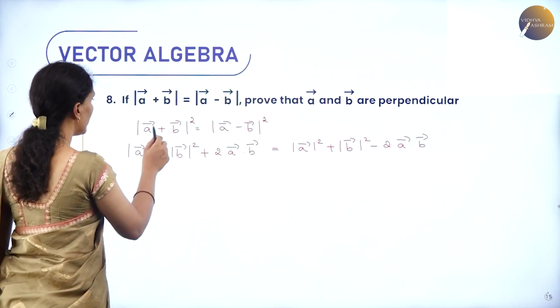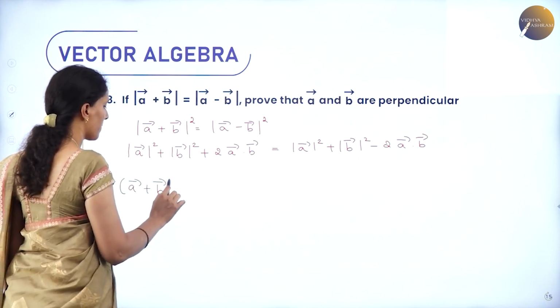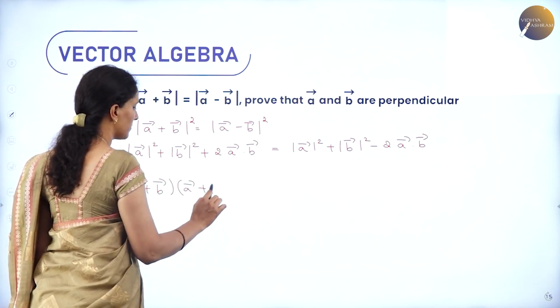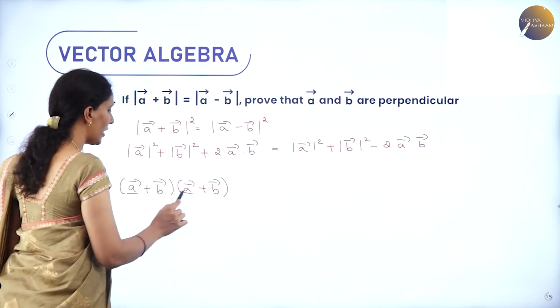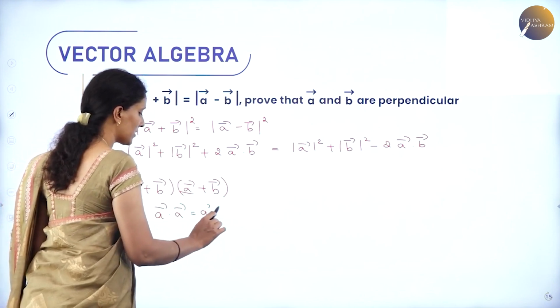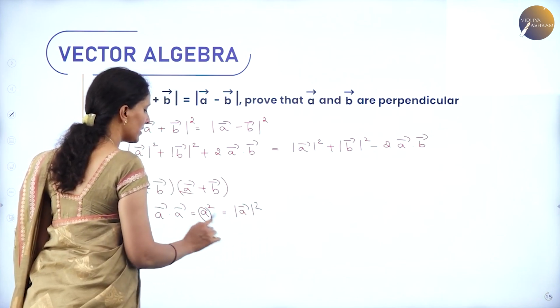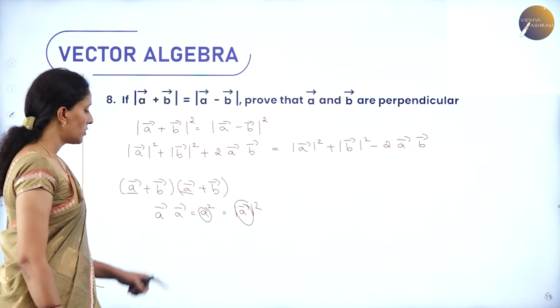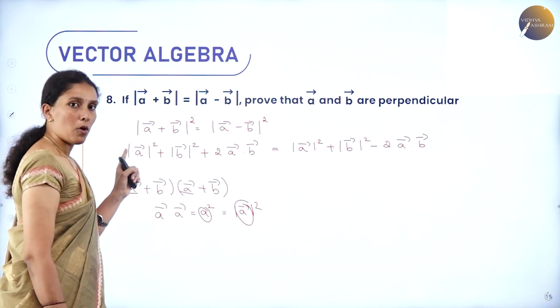Since here I have written A plus B whole square, first we will take vector A into vector A. So A dot A, vector A dot vector A is nothing but A square, which can also be written as magnitude of A square. When you are multiplying the dot product of the same vector, it is nothing but mod A square.